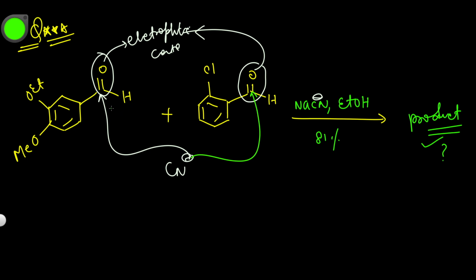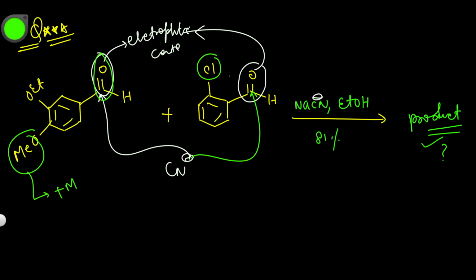We know that here a chlorine is attached, and here an OMe group is attached, and we know that OMe shows a plus M effect. It will donate electrons into this ring and make this carbonyl position less electrophilic.